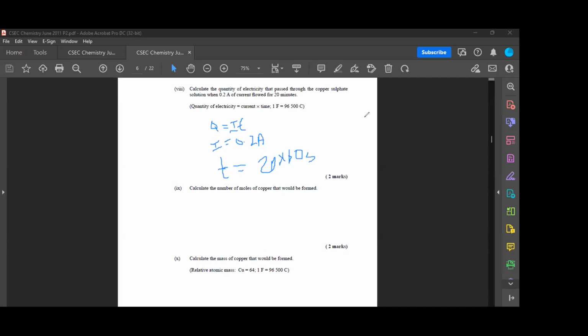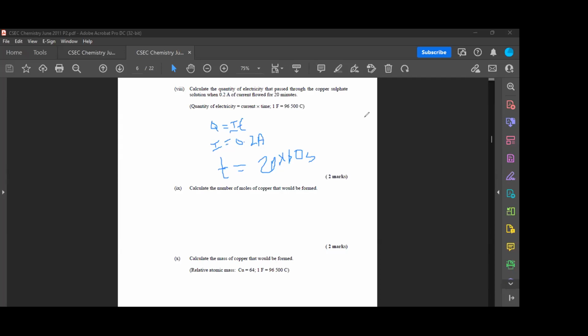Now, of course, this question does not end here because it asks you to calculate the number of moles. After you have calculated Q, you then need to take another step and compare it to the Faraday's to determine how many moles are actually created from this reaction.